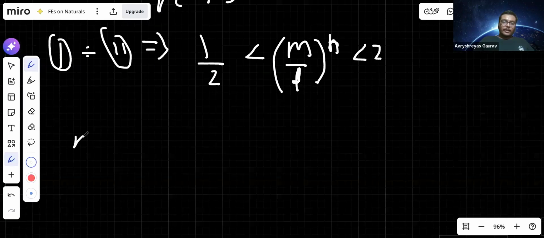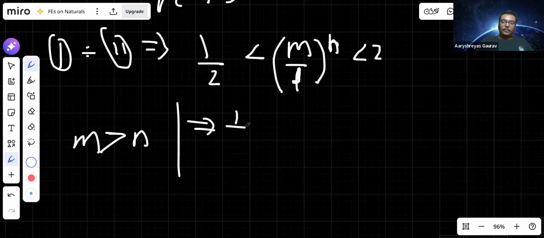If I assume that m is greater than L, then this thing will look like this.